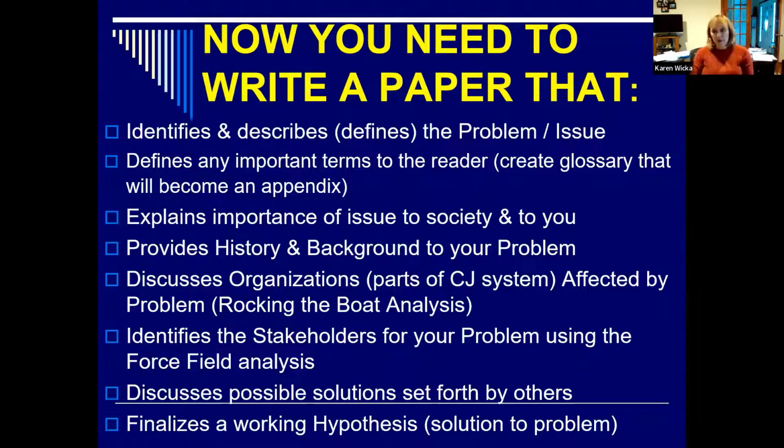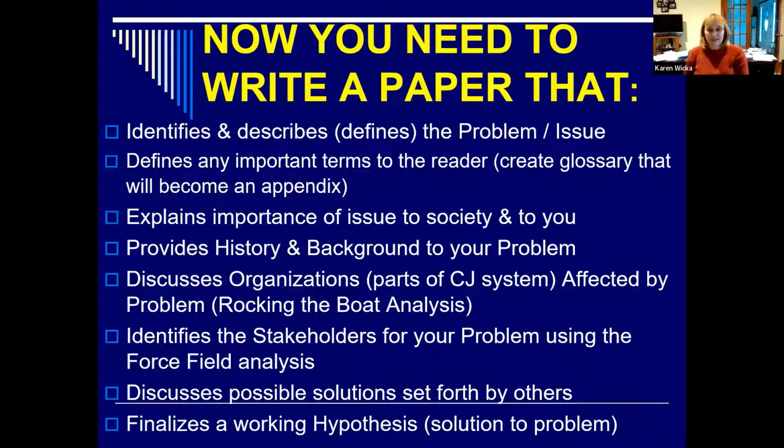So this part of the paper is going to have multiple sections in it, okay? So first you're going to identify and describe what the problem or the issue is. You're going to describe important terms that the reader may need to know to understand, almost like creating a glossary that will later be put at the end of the paper in an appendix. You need to identify why this issue is important to society and to you.